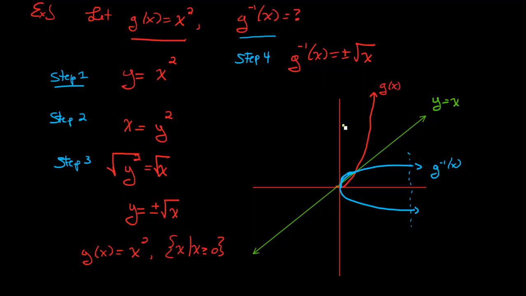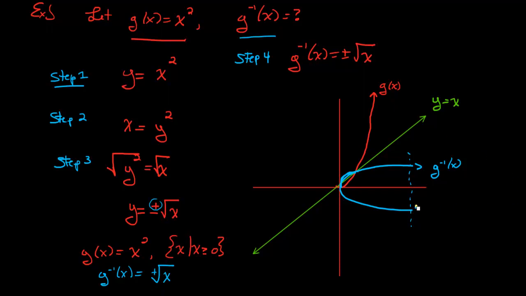So here's our original portion of g of x. But if I erase my negative portion, then I know g inverse of x will only equal the positive portion of the square root of x, because that negative portion will go away.